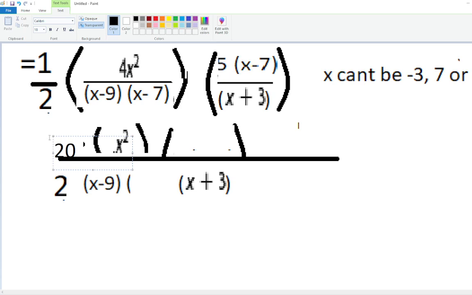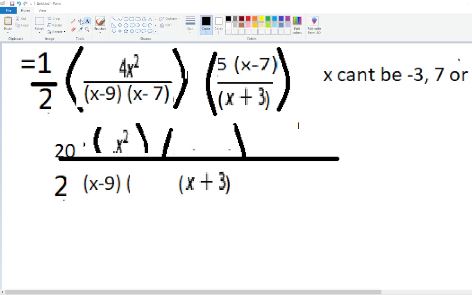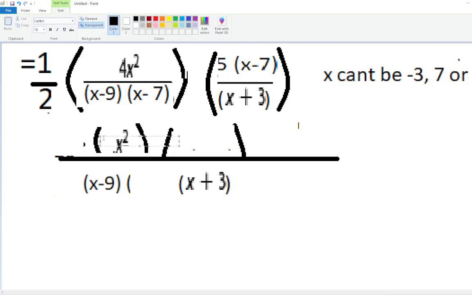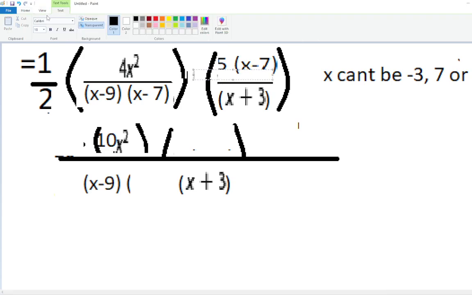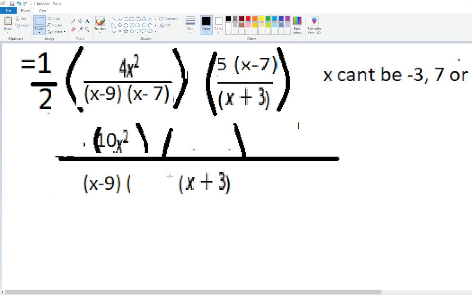And then you can take care of that 2. 2 goes in the 20, that leaves 10. It doesn't matter how you do it, into the 4 or into the 20. It'll come out the same thing. So up top, all I have is 10x squared. And at the bottom, all I have is the two factors, x minus 9 and x plus 3. So that's it. That's the simplified version of the triangle.